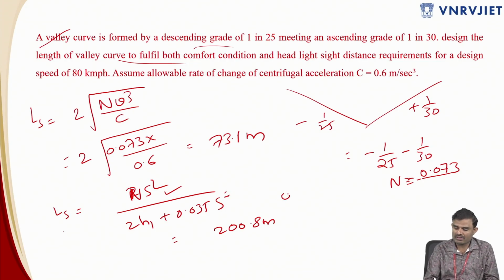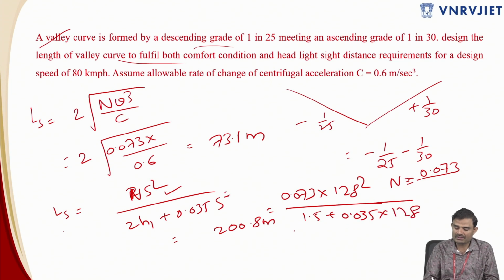So Ls is 0.073 multiplied by 128 meters whole square divided by 2h1. So h1 is 0.75, so 1.5 plus 0.035 into S. S is again 128 meters. You calculate that, you will end up with the value of 200.8 meters. So this is 200.8 meters and this is 73.1 meters.